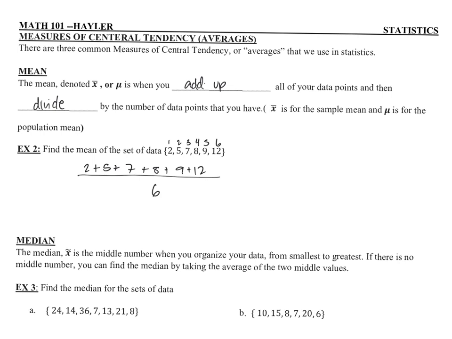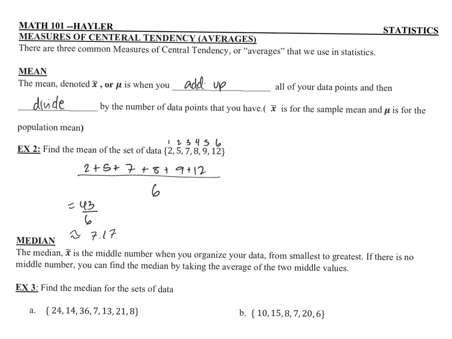Alright, so finding that, we get 43 divided by 6, which is going to be approximately, let's go ahead and round to the hundredths place, since they don't tell us what else, 7.17.